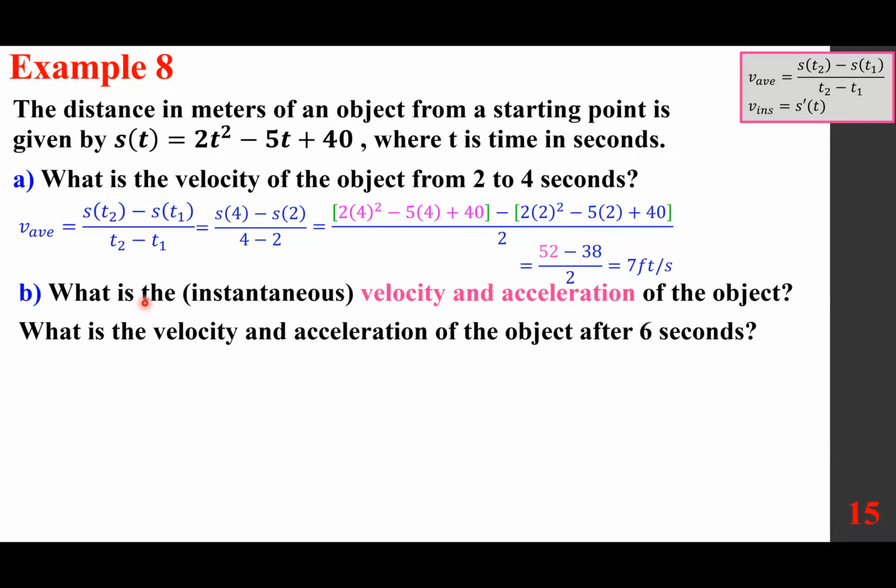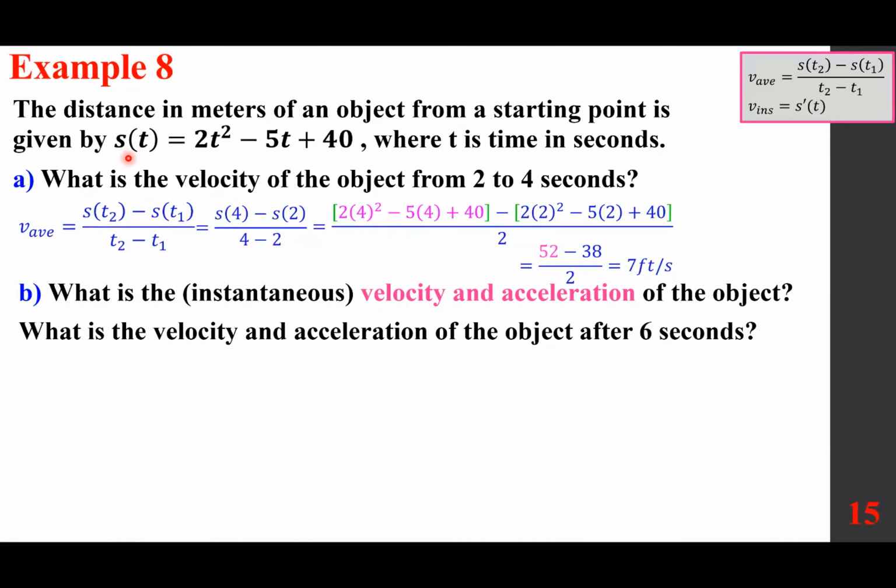Part B, what is the instantaneous velocity? Up to here, we had done it. Now the acceleration is new, and what is the velocity after 6 seconds? So first I want to remind you of what we did. The difference is now we can use the formulas.